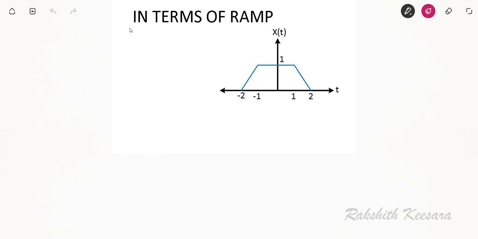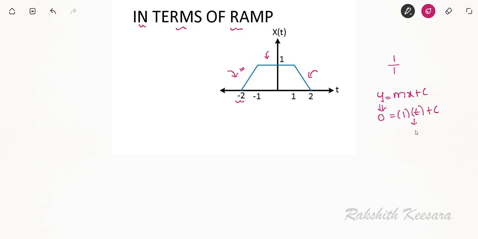Next, let us understand how to express a signal in terms of ramp. To express in terms of ramp, first you should write the equation of every line. Let us write the equation of this line. Slope is 1 by 1, y equal to mx plus c, so slope is 1, y equals t plus c. At t equal to minus 2, y becomes 0.